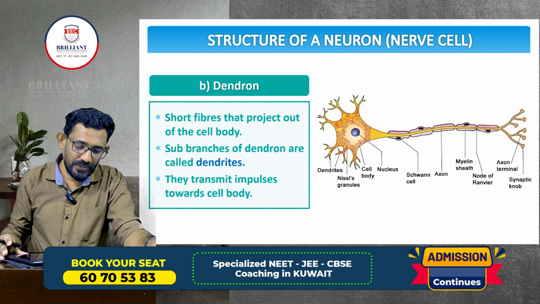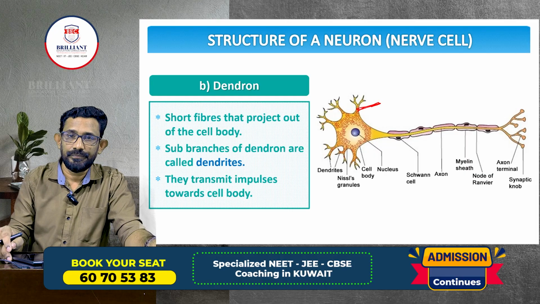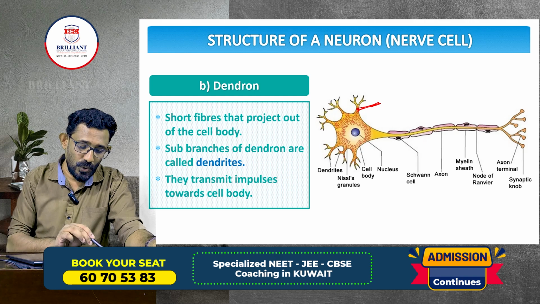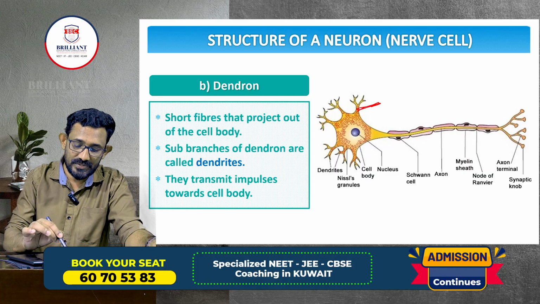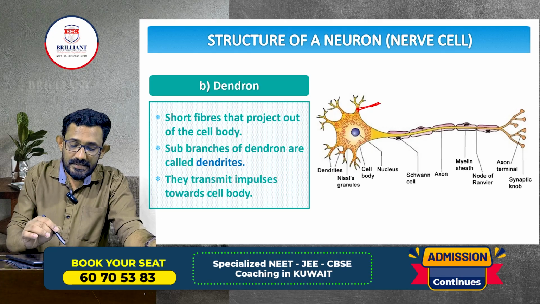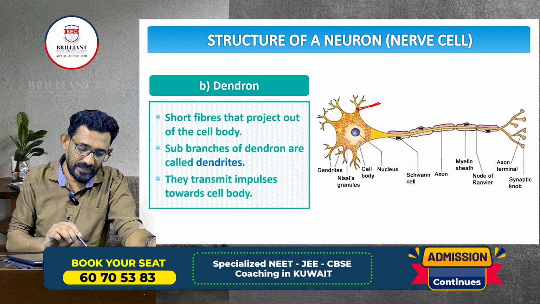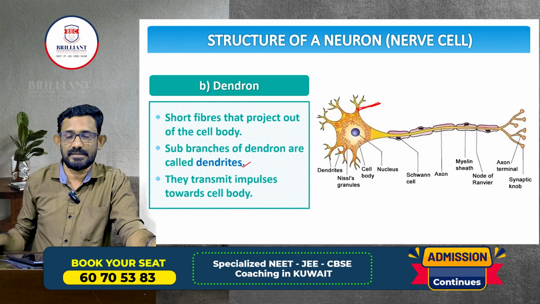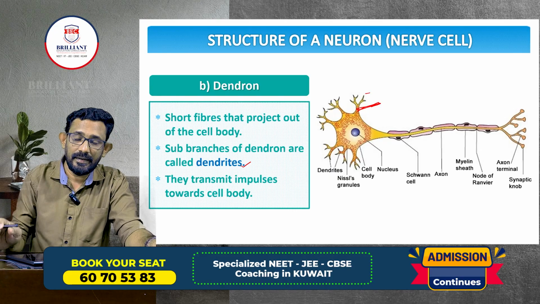And the second part of the neuron is called dendron. See, these are dendrons. And these are the shortest projections, short fibers that project out from the cell body. See, the dendrons are branched and the branches of dendrons are called dendrites.